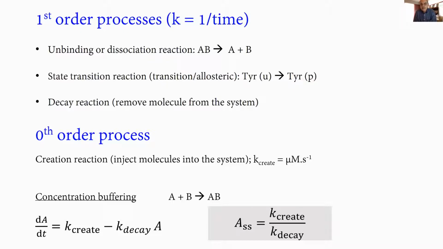So if you have some molecule that's available in the cytosol to, say, interact with a membrane molecule in your little domain, that molecule may be very abundant, but it's going to get used up unless you have this creation decay reaction occurring to sort of feed it back in from the large world out there in the rest of the cytosol.